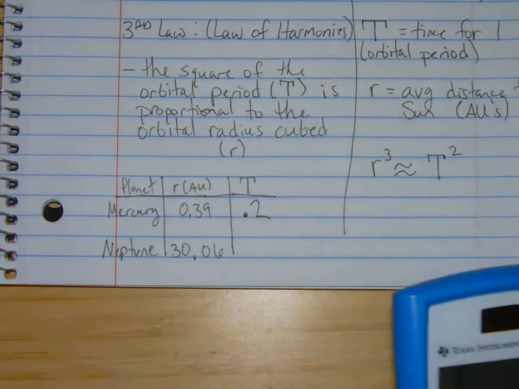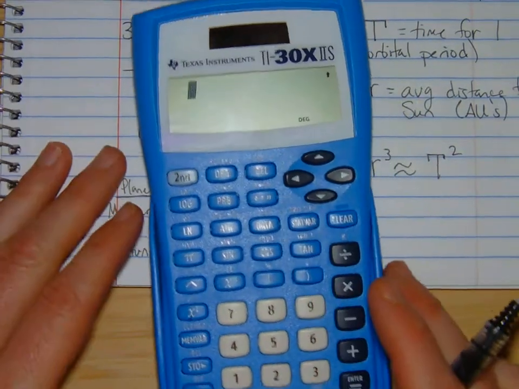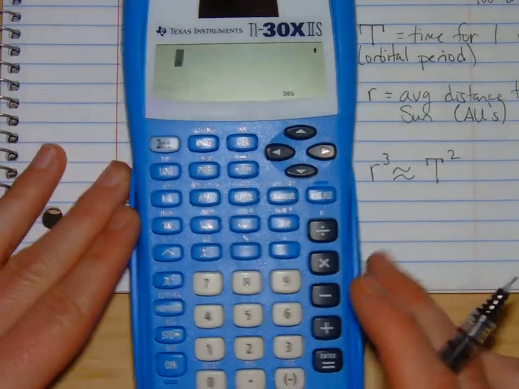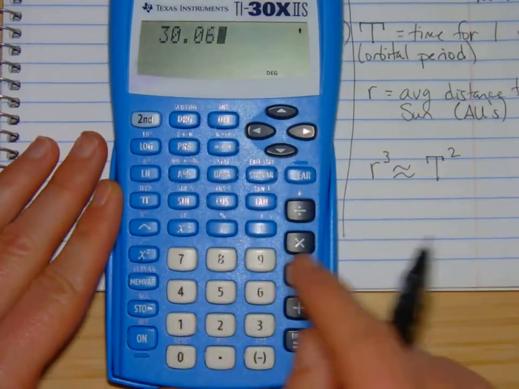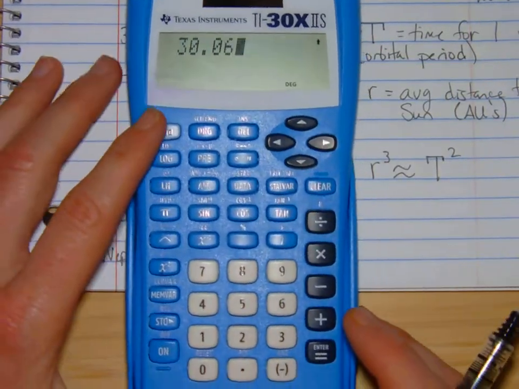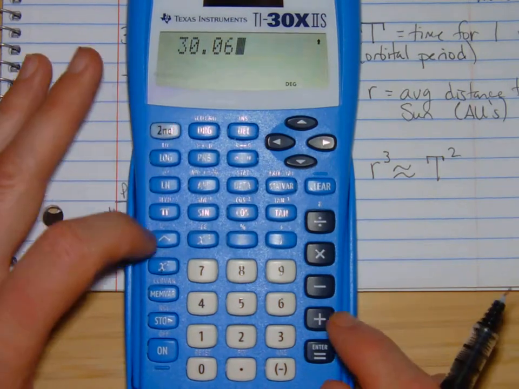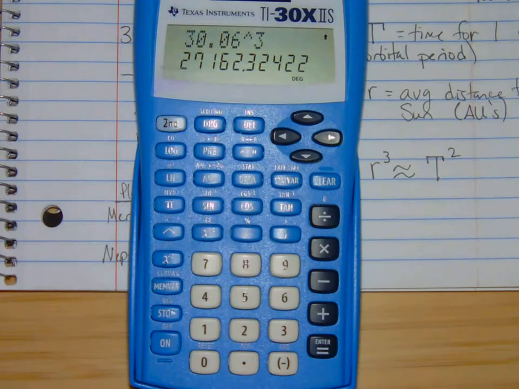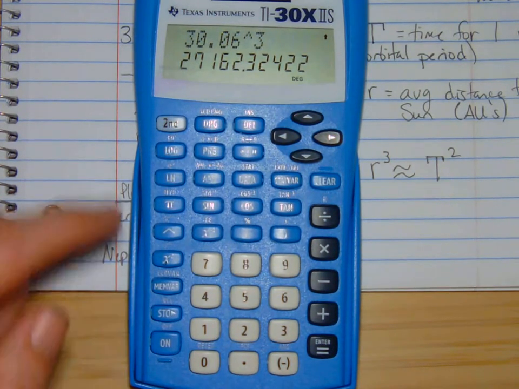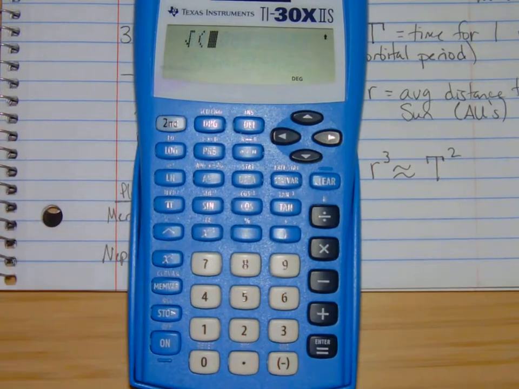So for the next one, for Neptune here, the farther we get out, all right, so now we're at 30.06, 30 times farther than the Earth is. And we're going to cube it, caret 3. We're going to hit enter. We got that big old answer. Okay, now we need to take the square root of it. Second x squared, that's the square root.